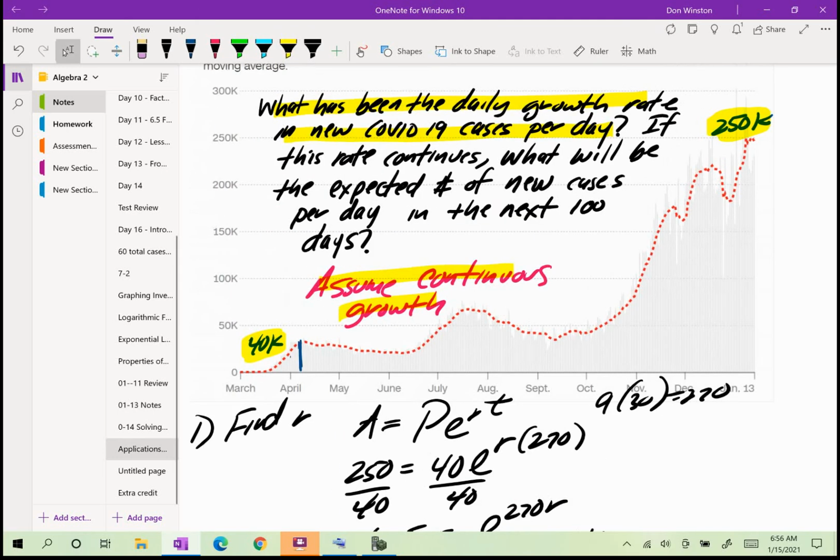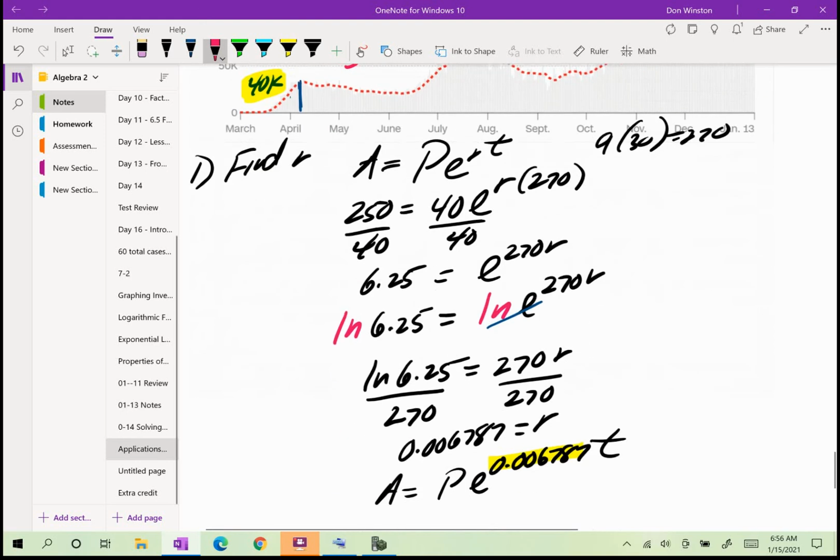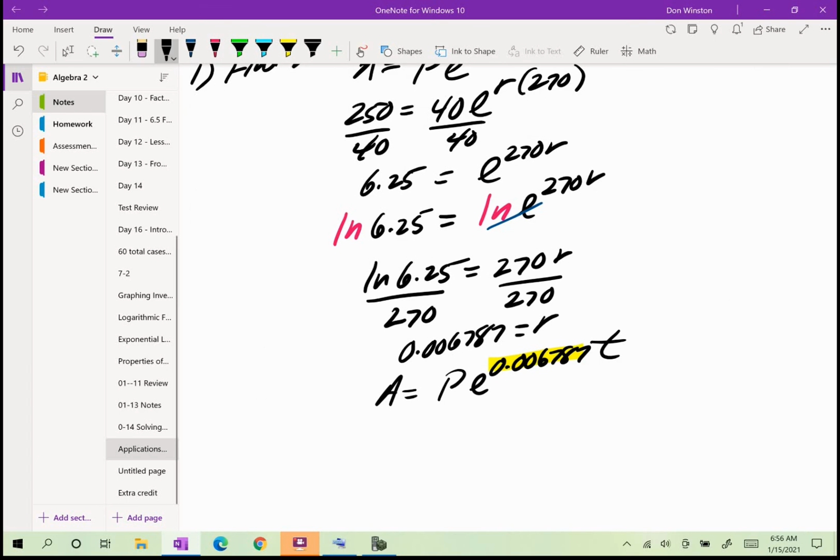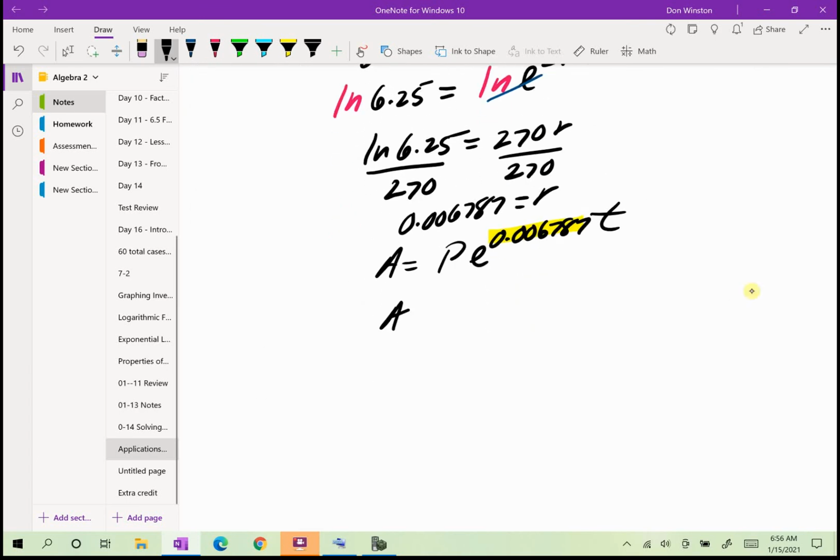If this rate continues, what would be the expected number of new cases per day in the next 100 days? Well, our initial amount is going to change. We're not going to start at 40 because we're talking about the next 100 days. So we're going to start at 250. So A equals 250 times e raised to 0.006787, and the time is the next 100 days, so this will be 100.